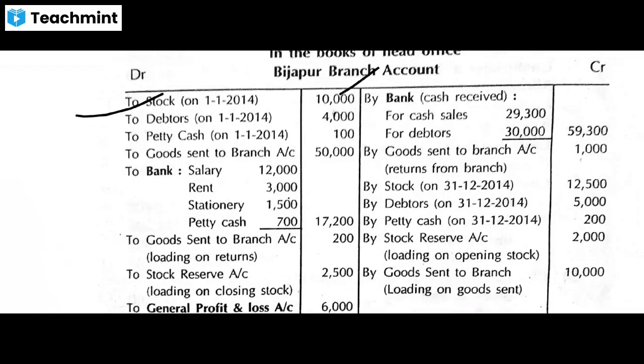Then finally we get the closing debtors. That closing debtor will be treated in the branch account on the credit side. Got it? Now the opening debtors will be taken in the debit side of the branches, that is also 4,000.